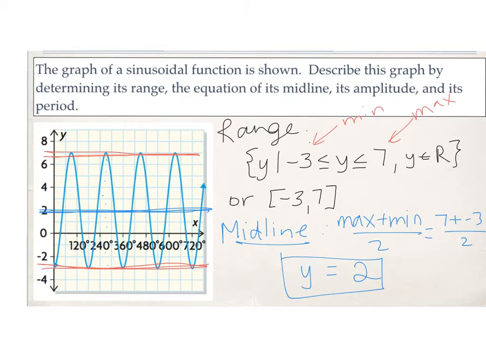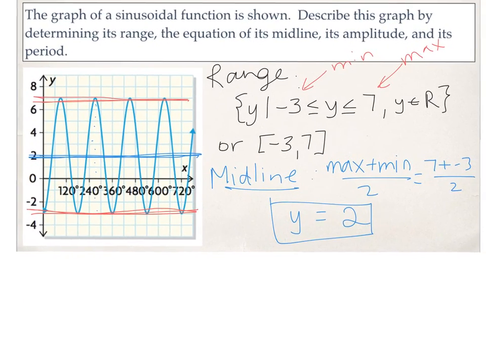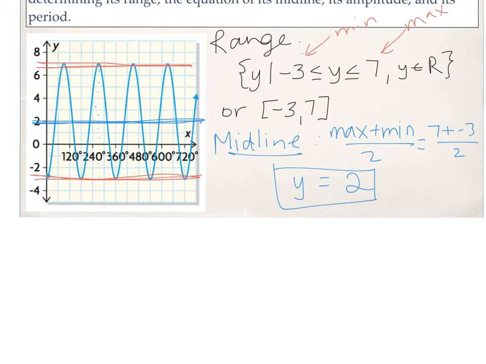Now amplitude, let's see if I can move all this stuff up. Oh, I can, perfect. Amplitude is the distance from the midline to the top. I counted earlier, it's 5. And don't overthink it. The max is 7, the midline is 2. That's a distance of 5, pretty clearly.